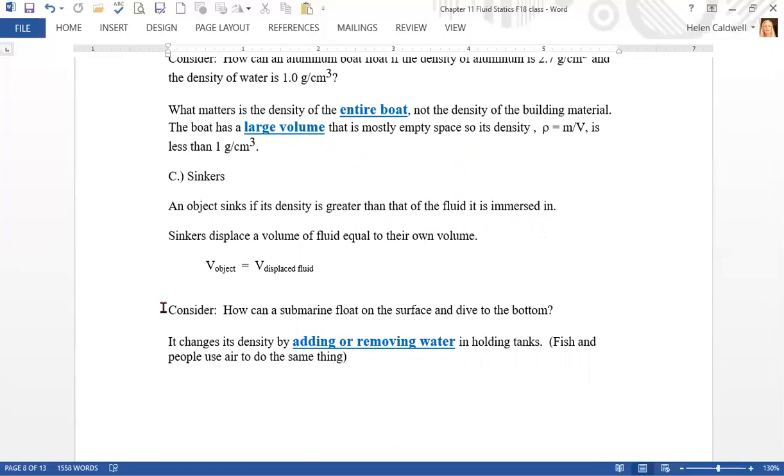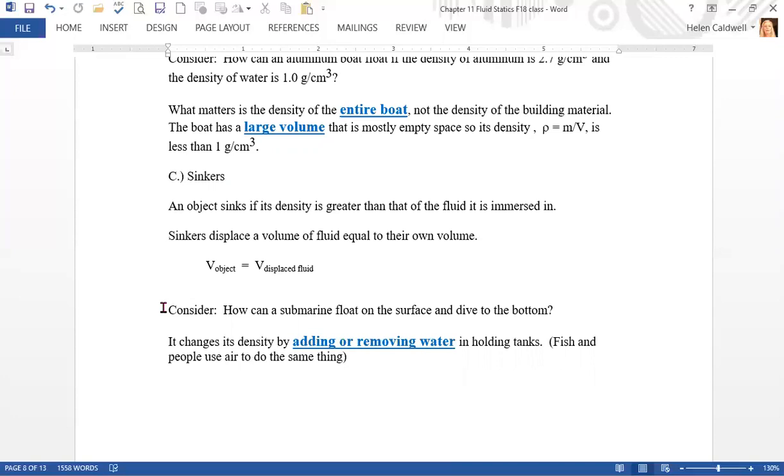It has holding tanks, and it adds water to the holding tanks to increase its mass. And since density is mass divided by volume, they're able to sink. And when they want to float, they just force the water out. That reduces their mass, and they come up to the surface.